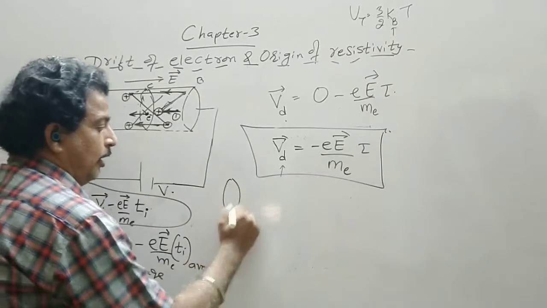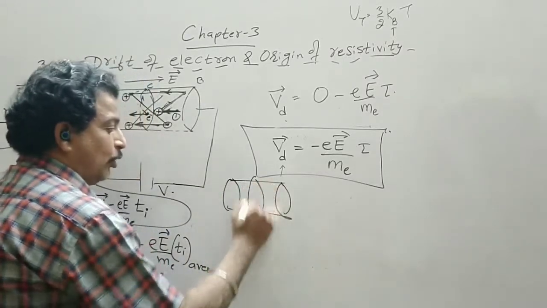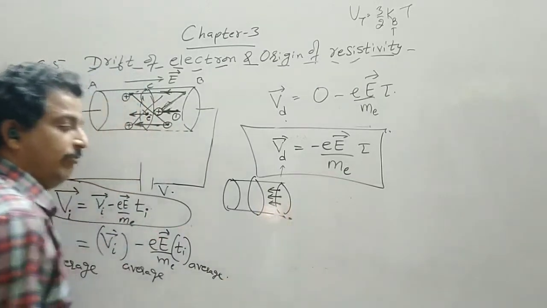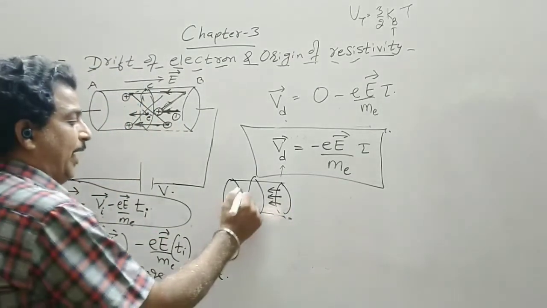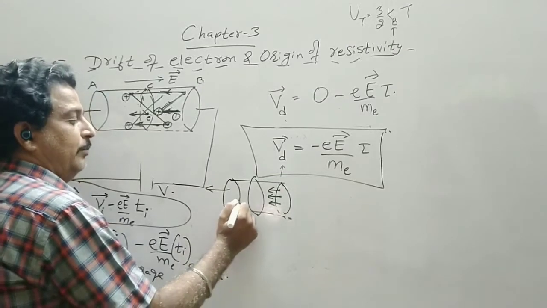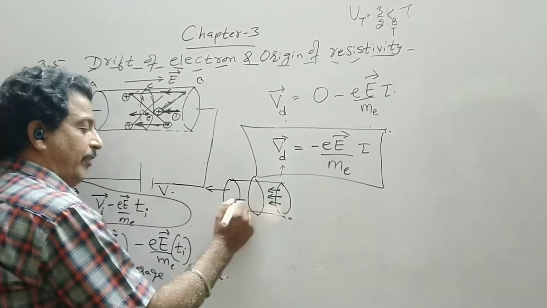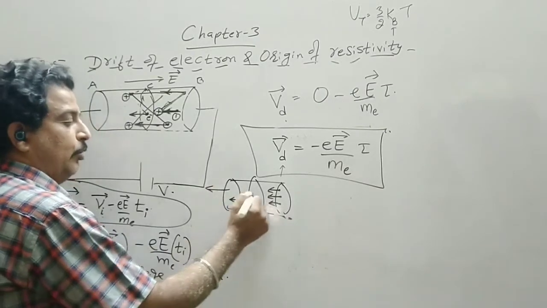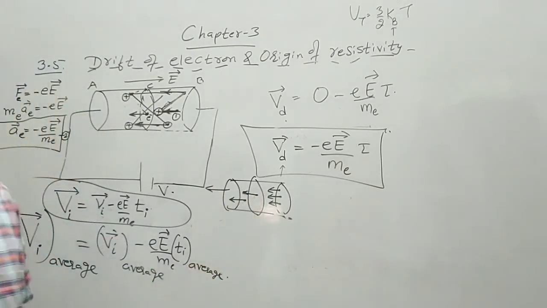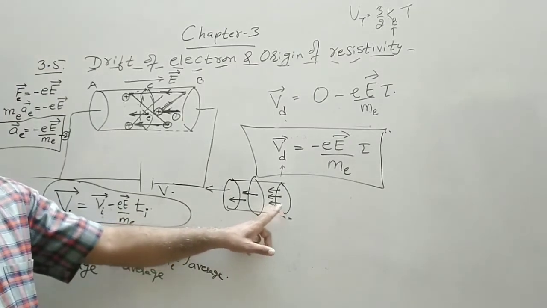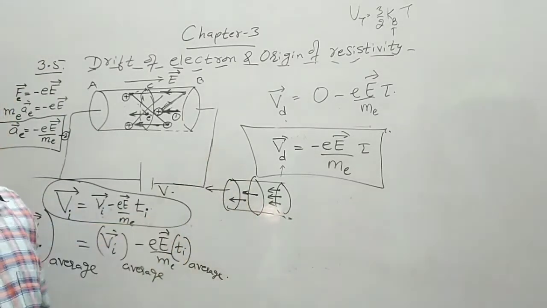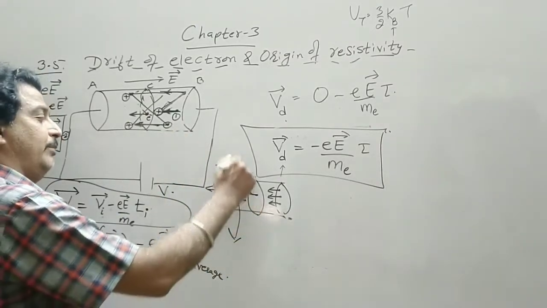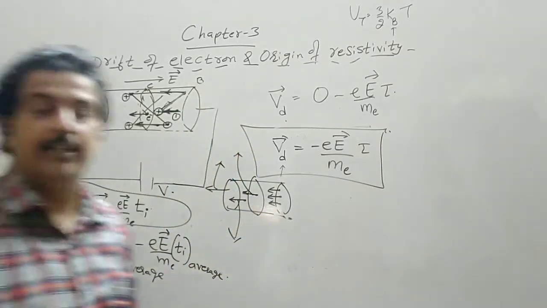So we draw a situation like this: all the electrons started accelerating at the same time when we connect a battery. But by the end, some electrons will have come out earlier, some will be on the verge of coming out, and some will be left behind. So their drift velocities will be different.